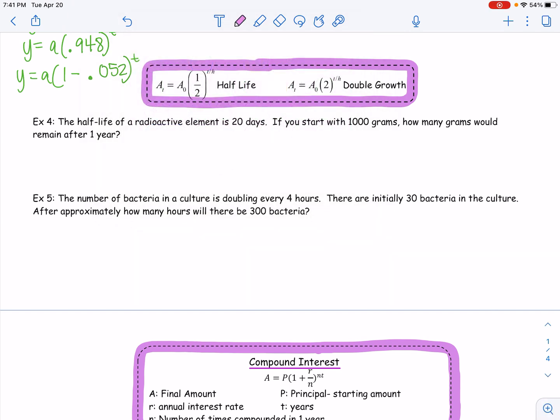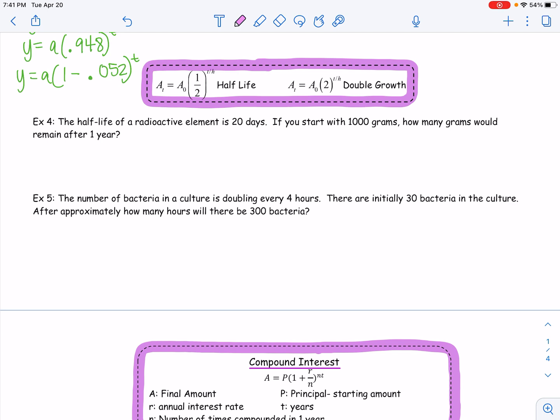So let's go here. It says the half-life of a radioactive element is 20 days. So I already know that for this problem, I'm going to be using this first model of half-life. If you start with 1,000 grams, how many grams would remain after 1 year?